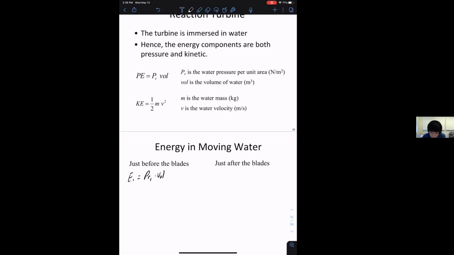plus 1/2 m v squared, pressure times volume plus half mass times speed squared. So this is before and after. And the energy transfer on the blade is E1 minus E2.